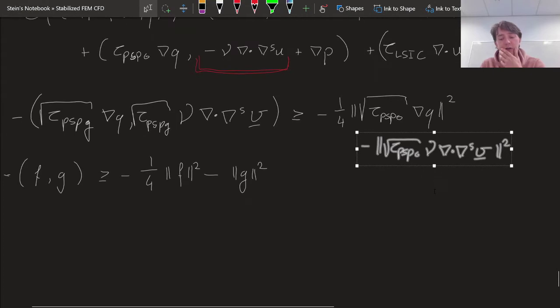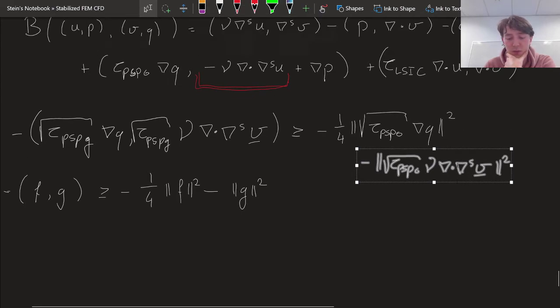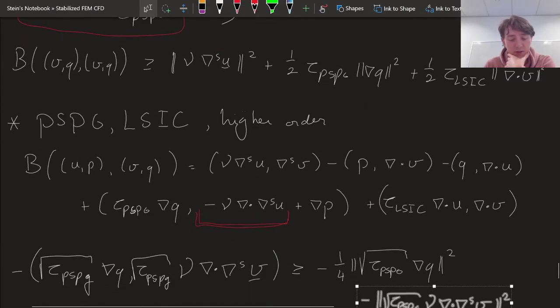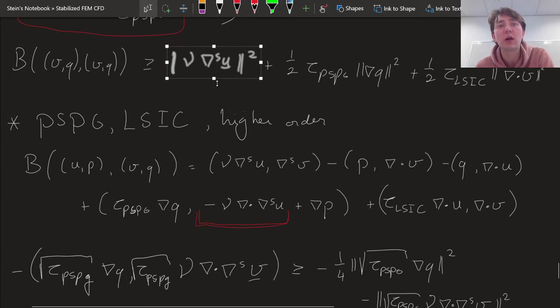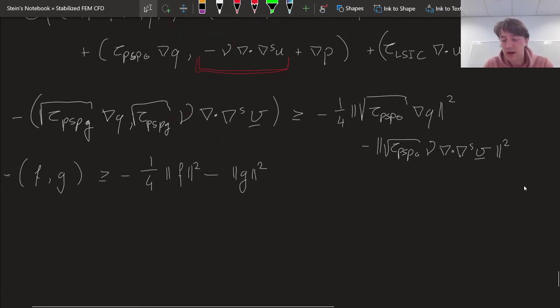Well, again, just like we saw with the SUPG estimates, we had this higher order term that involved diffusive terms, and we still have here this other diffusive normed quantity, and we would use an inverse inequality to link those two together. So that's again what we'll do here as well.